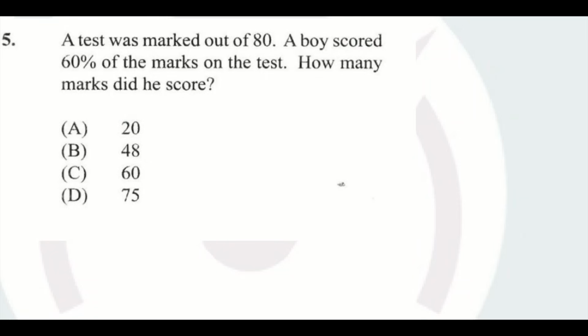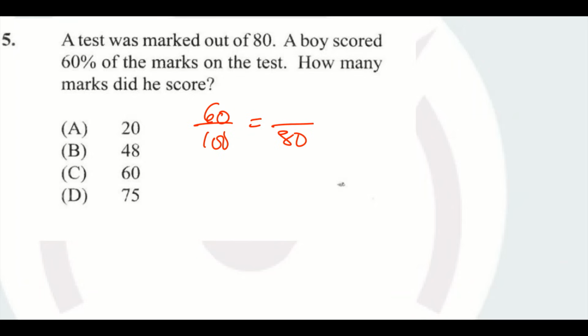A test is marked out of 80. A boy scored 60% of the marks on the test. How many marks did he score? Now this question is just asking you for an equivalent fraction. So 60% is equivalent to what out of 80? That's all it's asking you to find.